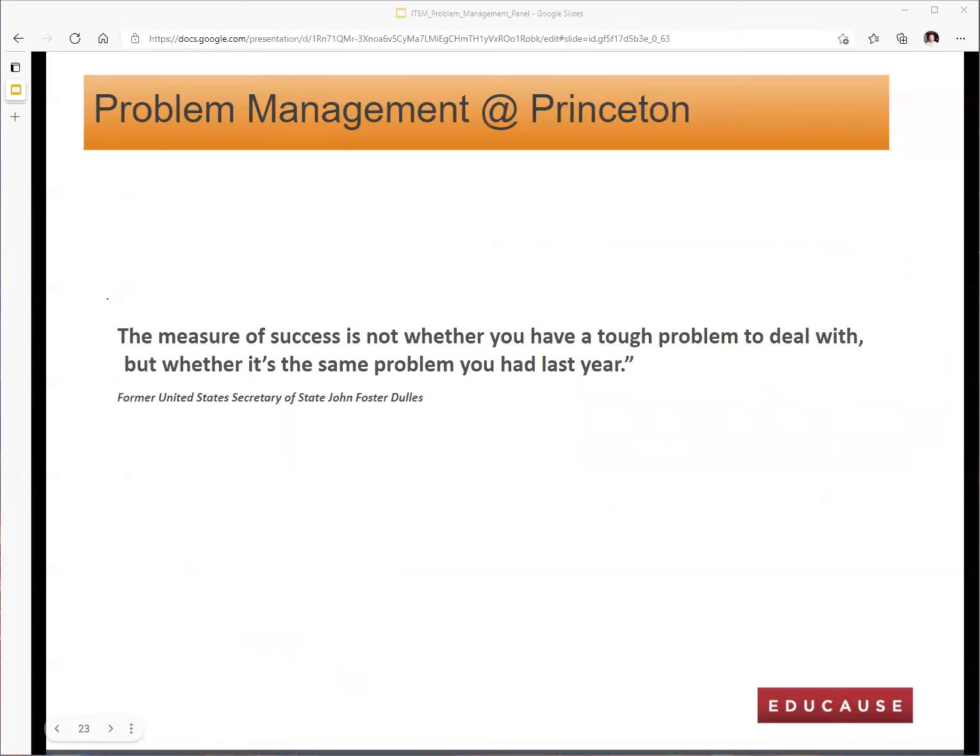We want to be successful, and we want to look at these problems and say we don't want to have to deal with them next year or next month or next week. We want to find a solution or a workaround so that we're not dealing with the same problems over and over and over again. So we want to take a deep dive, determine root cause, or solve the problems in lieu of just constantly addressing symptoms.